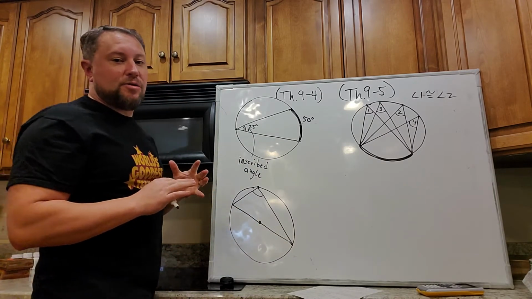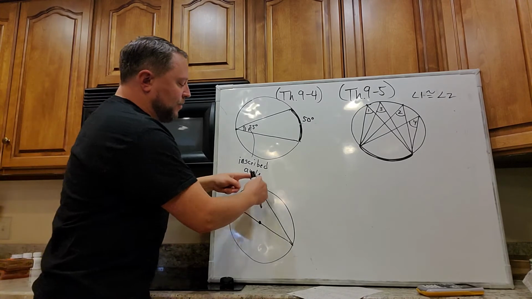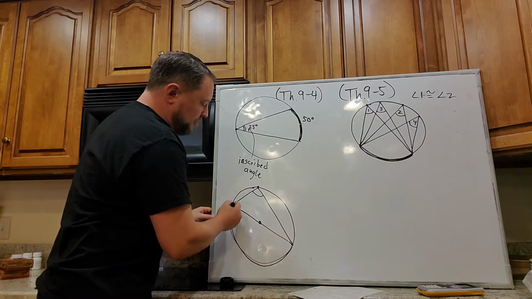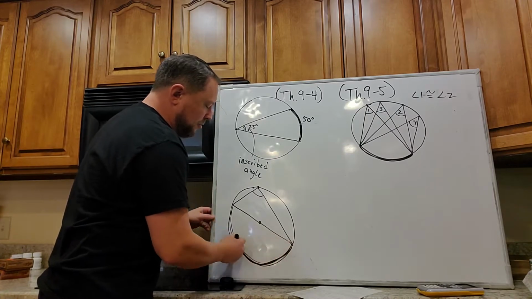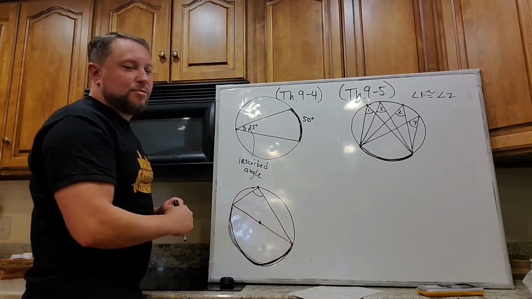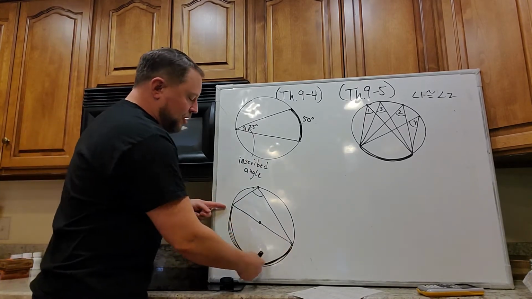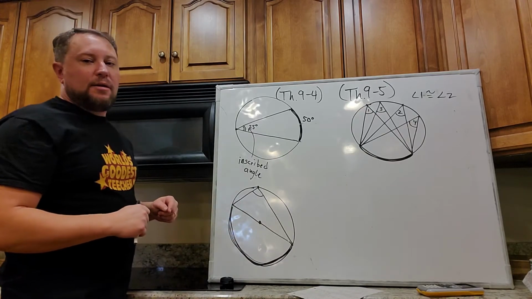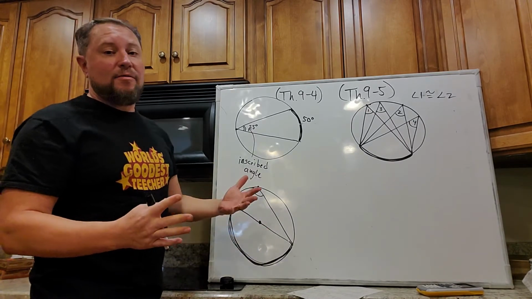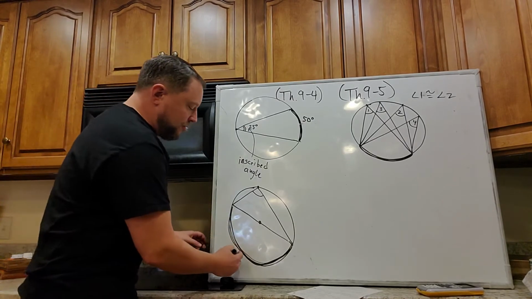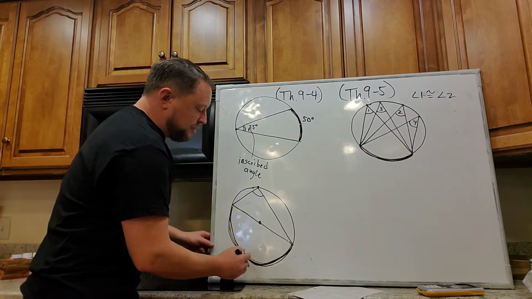It's going to be a special angle because if it's hitting both ends of this diameter, then the arc that it intercepts down here is an arc that hits each end of that diameter as well. And that means that this arc that goes from one end of the diameter to the other, a diameter cuts a circle in half, so shouldn't that be a semicircle, half of the circle, 180 degrees?